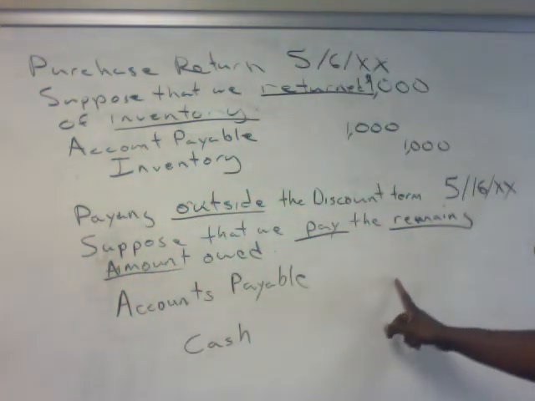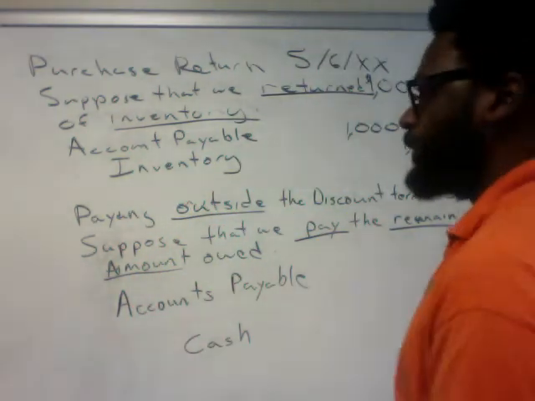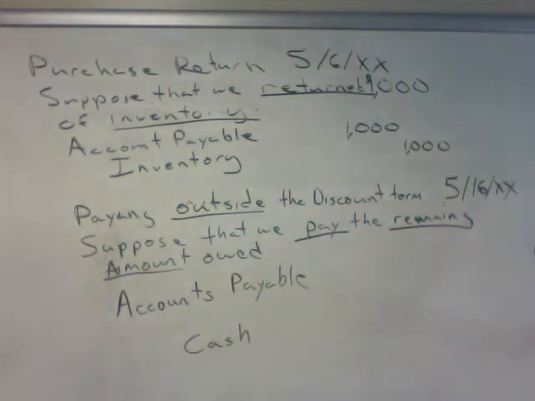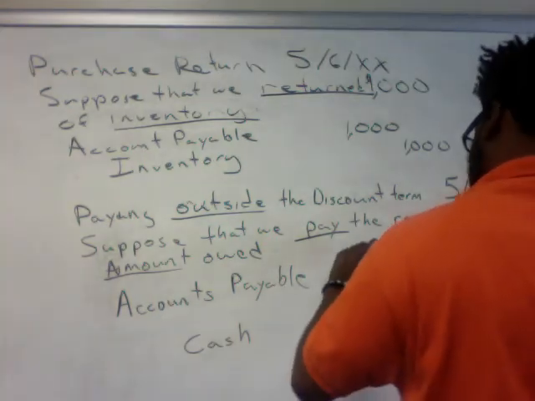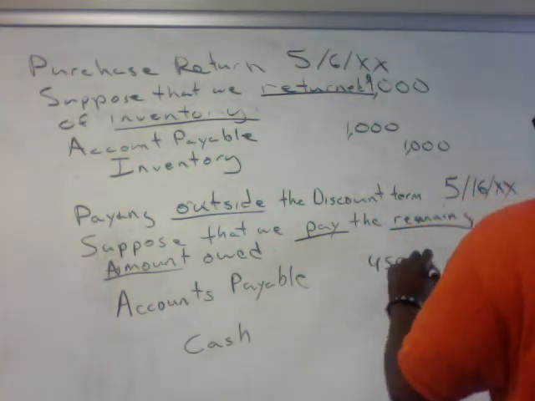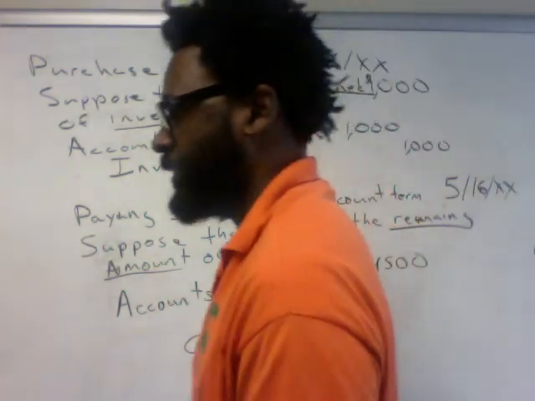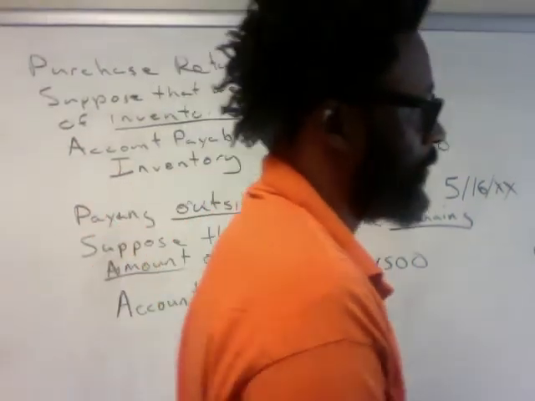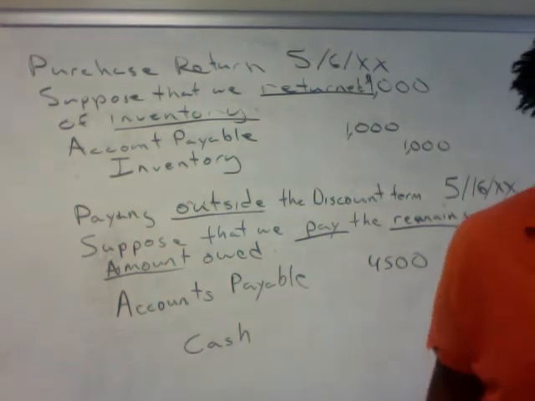As I said before, your accounts payable is always going off the books at the full amount. How much is our full amount? We've already calculated it. Our full amount is $4,500. That's how much we have to pay. Now, the cash amount, guys. Focus on the cash amount. Are we in the discount terms? Absolutely not.